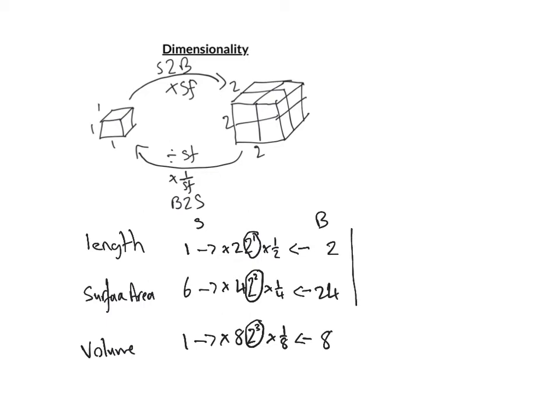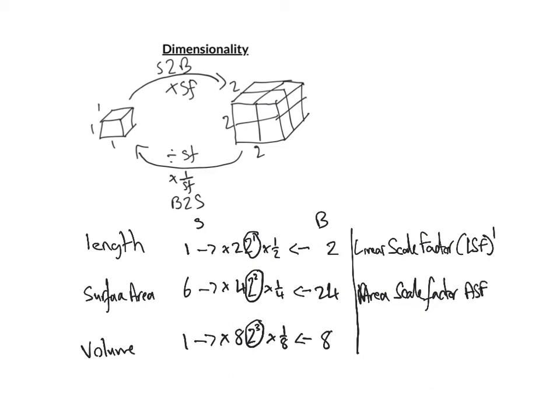And we can summarize that by saying this is the linear, or 1 dimension, scale factor, which is the linear scale factor to the power 1. This is the area scale factor, or ASF, and that is the linear scale factor squared.